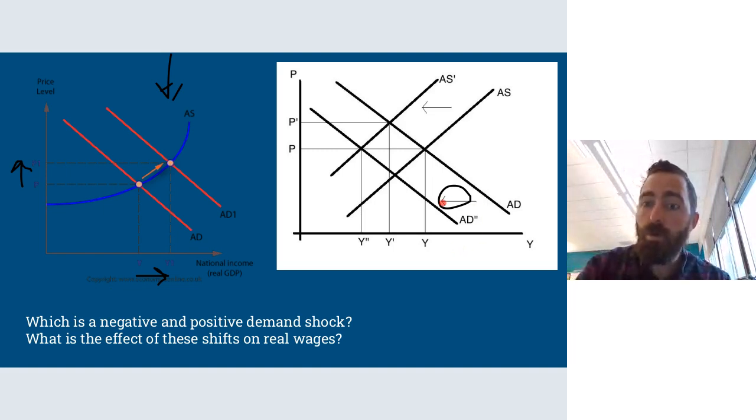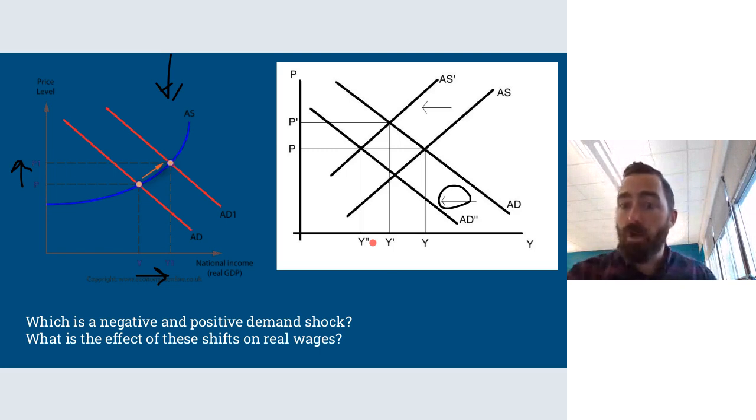The other one, negative demand shock, fall in prices, you have deflation, so real wages should rise. Problem here, though, is that more people are going to be out of work because real GDP has decreased with the leftward shift in demand. More people are going to be out of work.